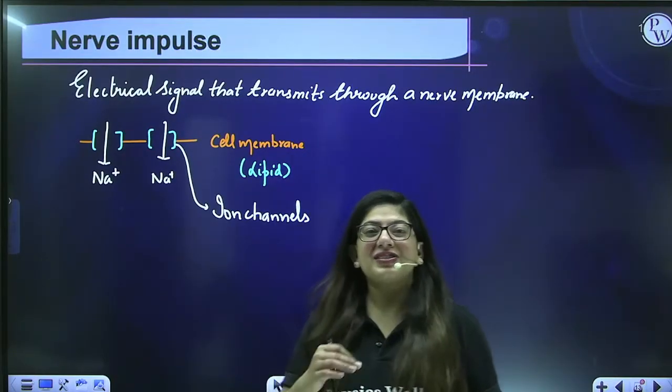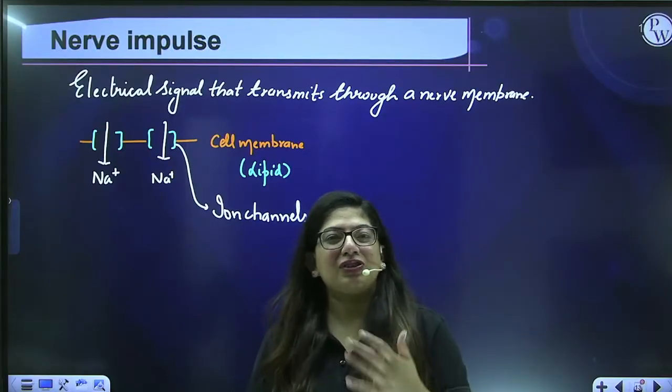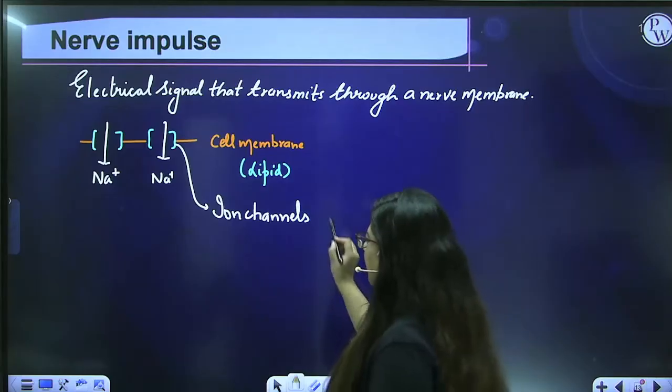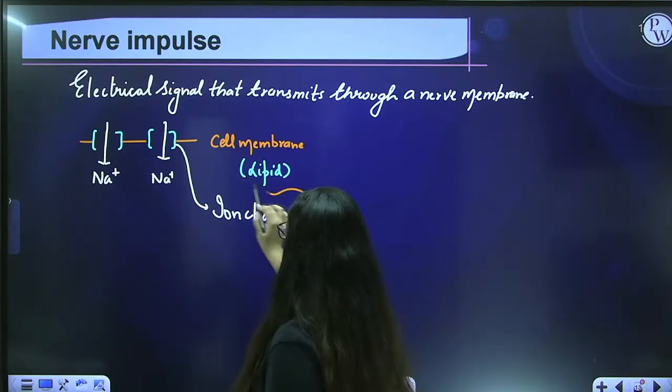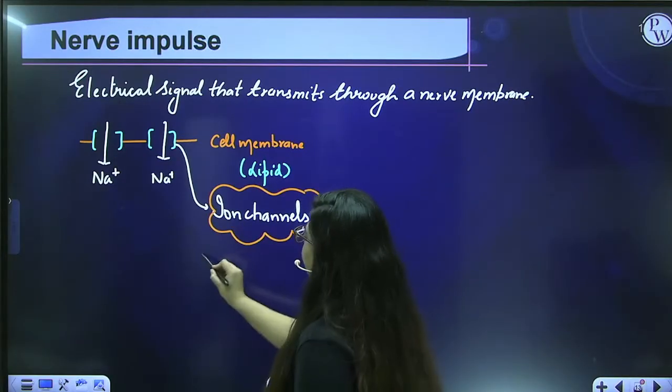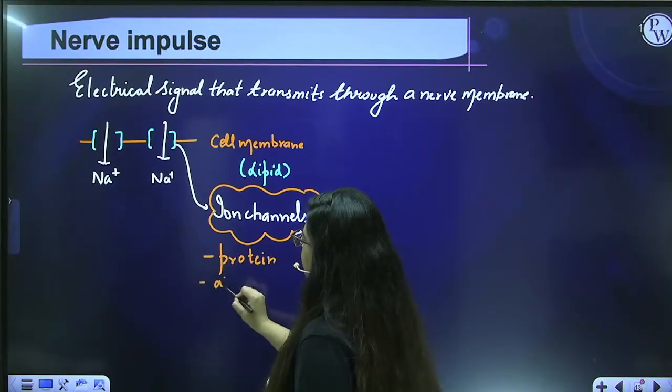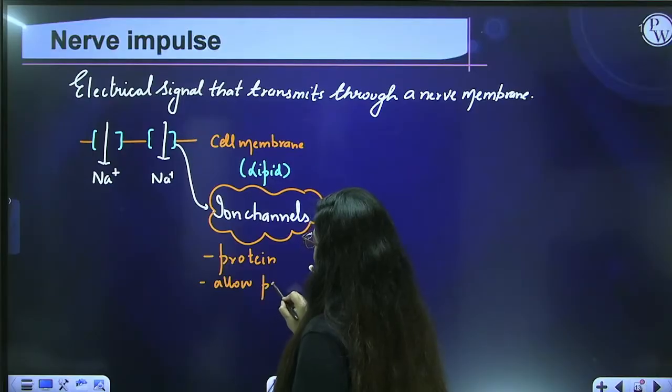That will lead to the formation of a kind of electrical signal. Now these ion channels are of different types. They are made up of protein, and they allow the passage of ions.